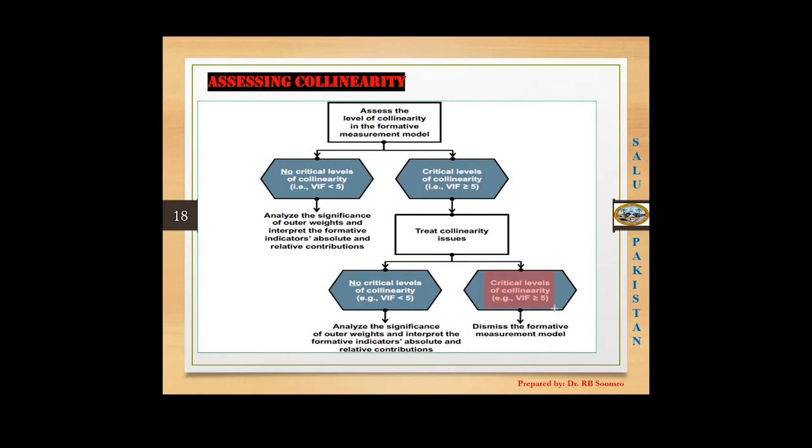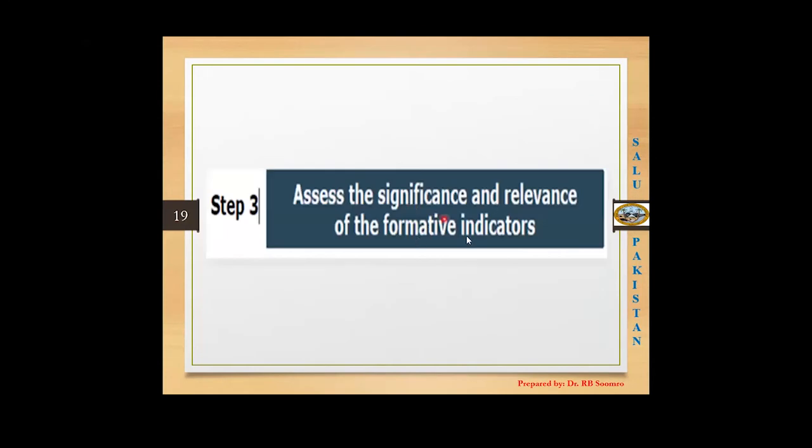So either you are required to delete one indicator, or if possible, you can collect more data. In this way, you may be able to solve the problem of collinearity from your formative measurement model.